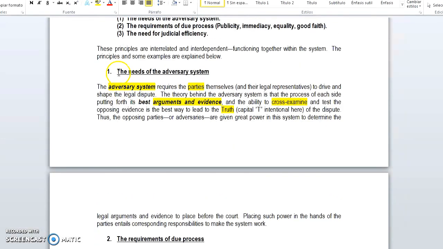First, the needs of the adversary system. The adversary system requires the parties themselves and their legal representatives to drive and shape the legal dispute. The theory behind the adversary system is that the process of each side putting forth its best arguments and evidence, and the ability to cross-examine and test the opposing evidence, is the best way to lead to the Truth, capital T, intentional here, of the dispute.